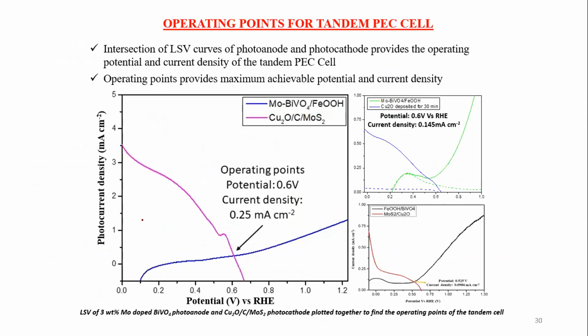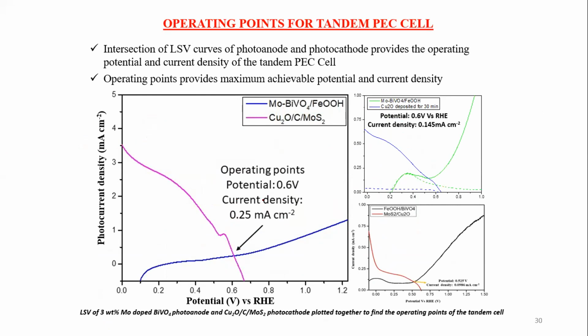In our case, when we combine these two systems, the photoanode based on bismuth vanadate and the photocathode based on C, we tried different combinations, and for this combination the operating point current is about 0.25 milliamps per square centimeter.